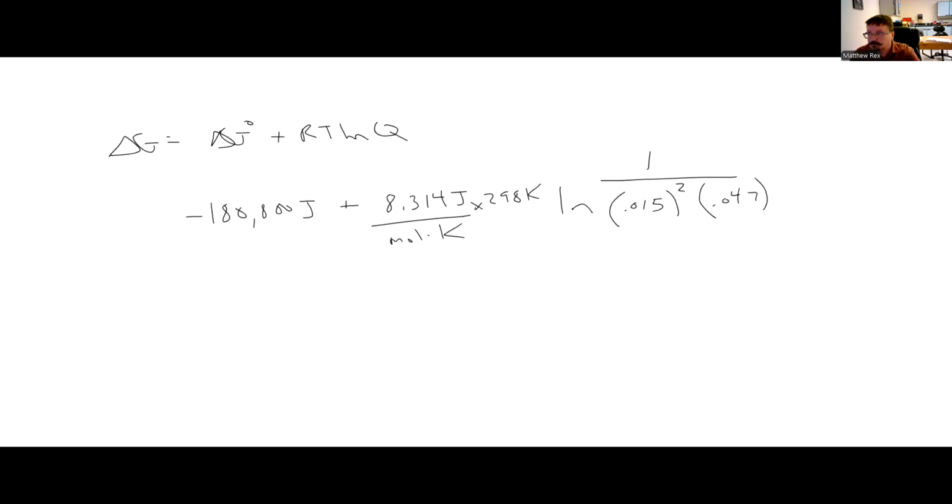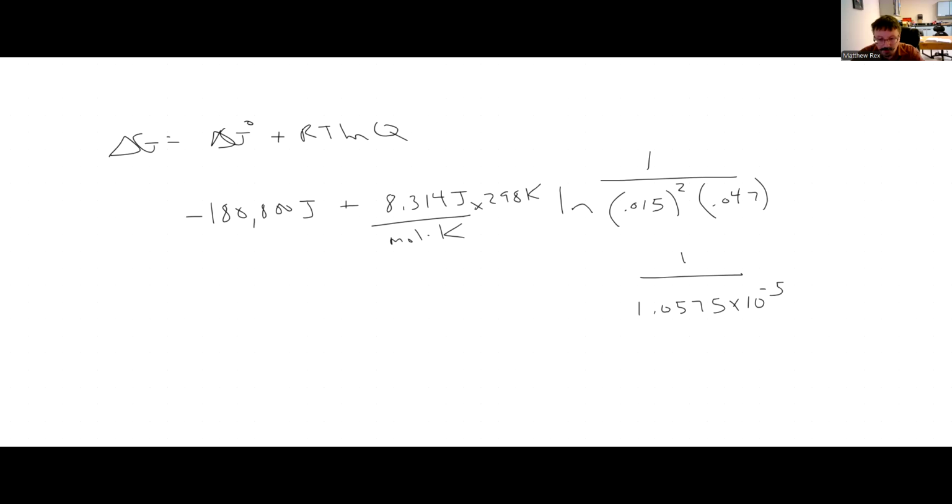Okay, so we're going to take 1 over 1.0575 times 10 to the negative 5, and that is 94,000.